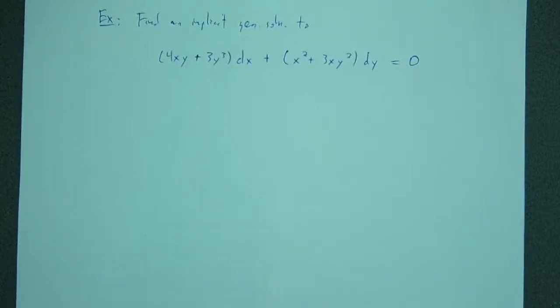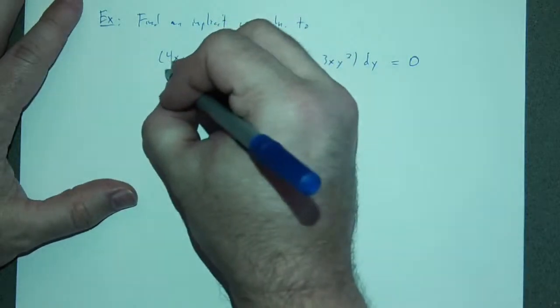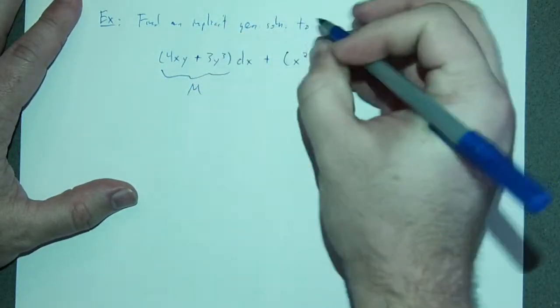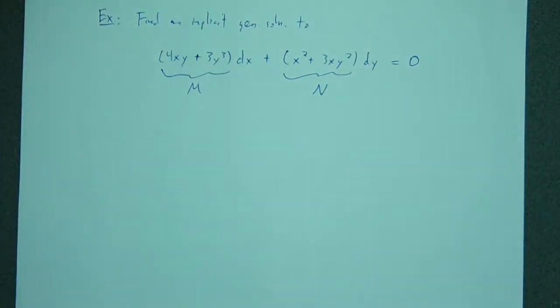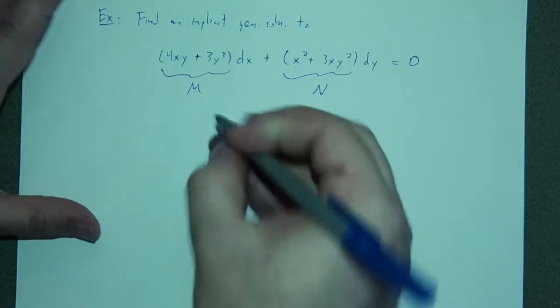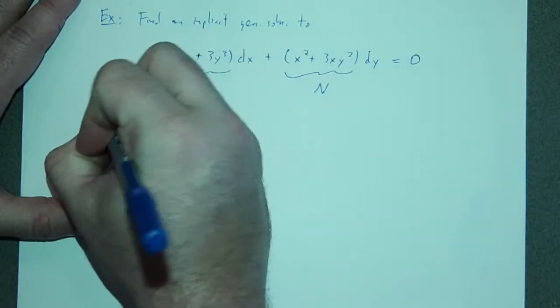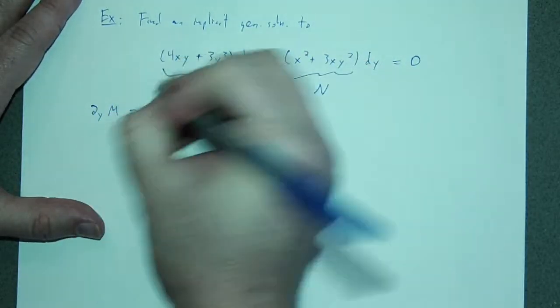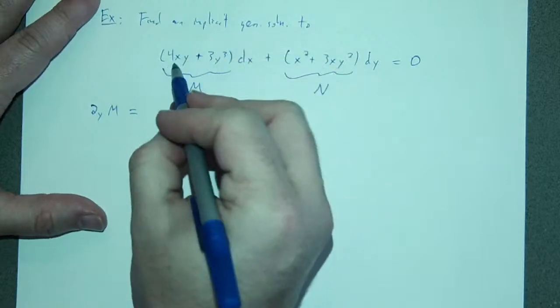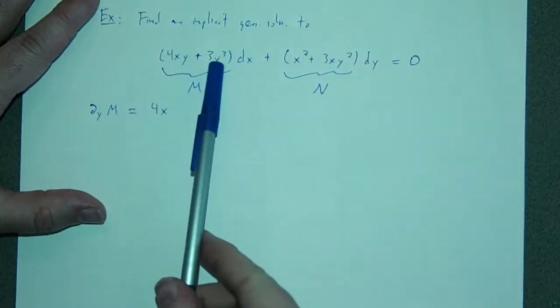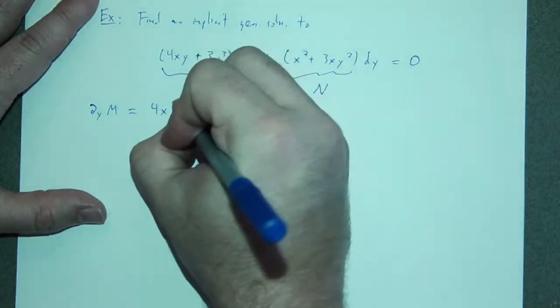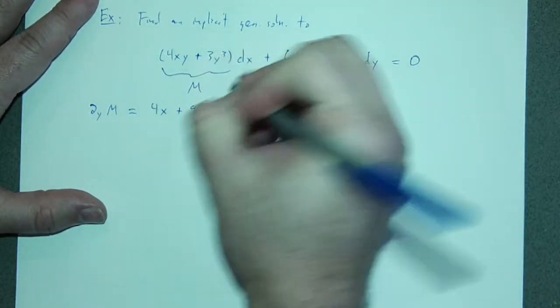All right, so this is what I want to solve. So I do what I always do here. First, I check exactness. So there's my M, there's my N. I compute the y partial of M. That is, the y partial of 4xy is 4x plus the y partial of 3y cubed is 9y squared.